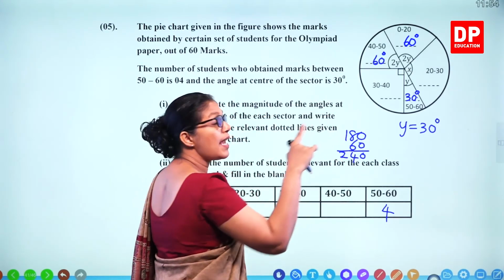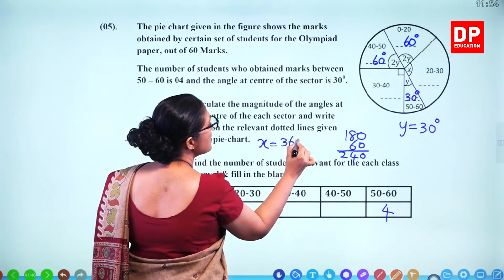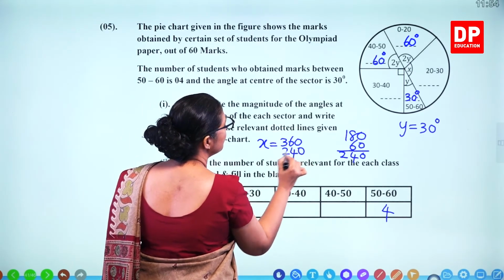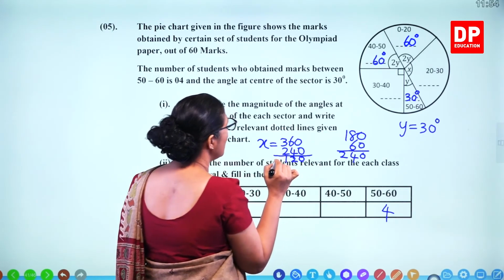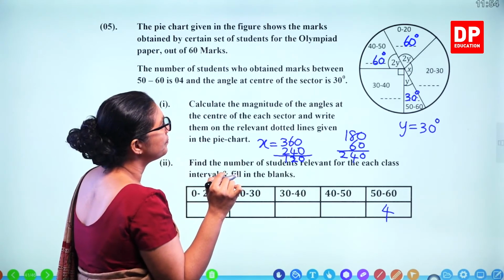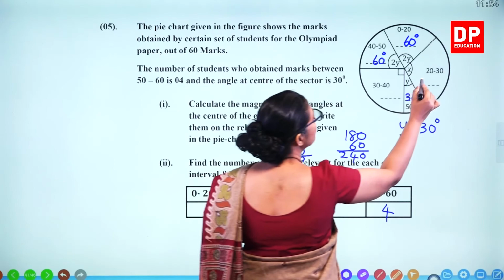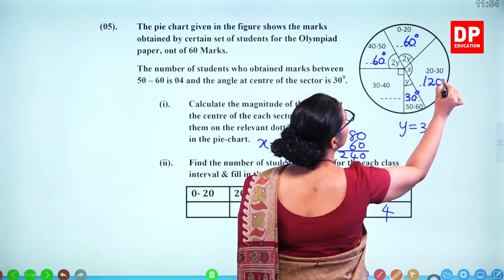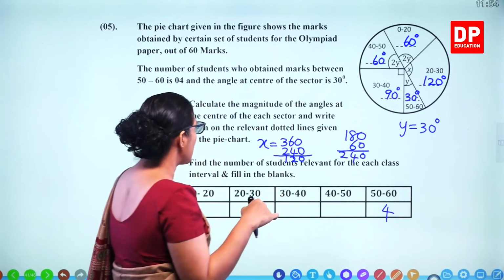So you can find x angle. X angle is 360 minus 240, 120. So x is 120 degrees. And this is given 90 degrees. So those are the angles.